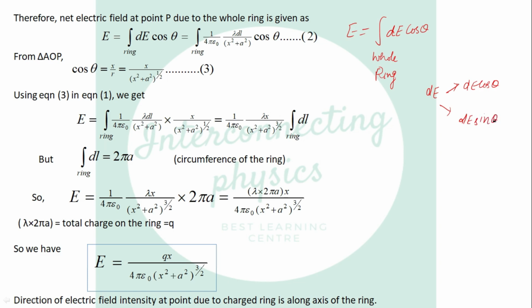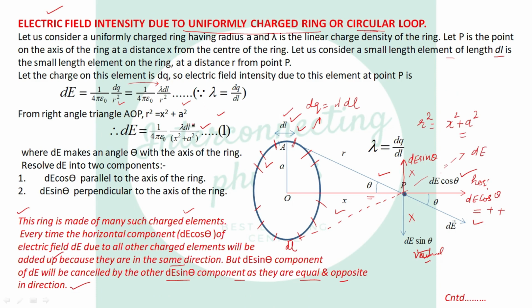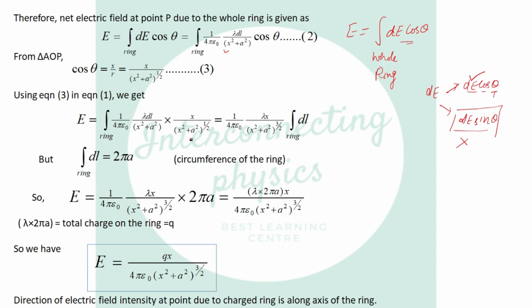Now dE sin theta, because of equal and opposites, cancels each other, but this dE cos theta every time is added up with another dE cos theta. So we see here it is the integration of dE cos theta. Now substitute the value of dE from equation number 1, which is 1 over 4 pi epsilon naught lambda dl over x square plus a square. So when we substitute this value here, we see the equation looks like this.